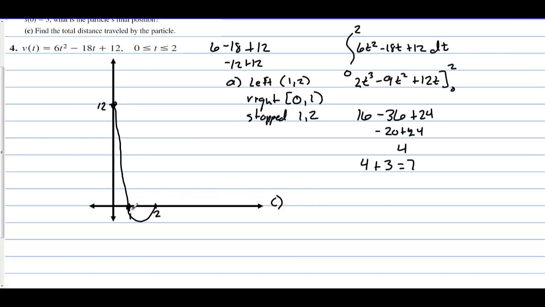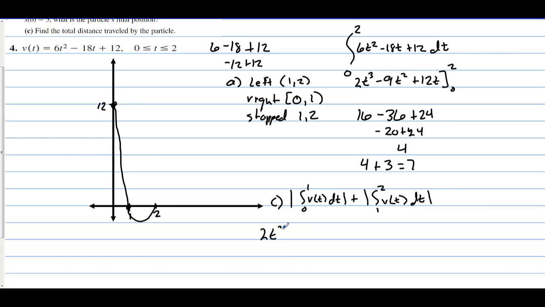We need to split the integrals over the zeros. We have absolute value from 0 to 1 of v of t plus absolute value of integral from 1 to 2 of v of t dt. Well, we already know what the integral is.